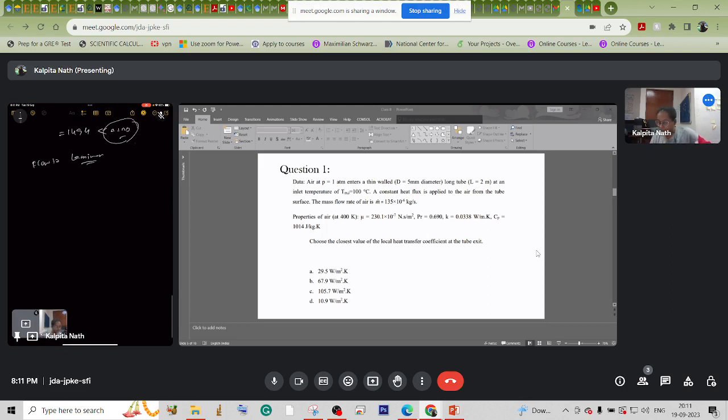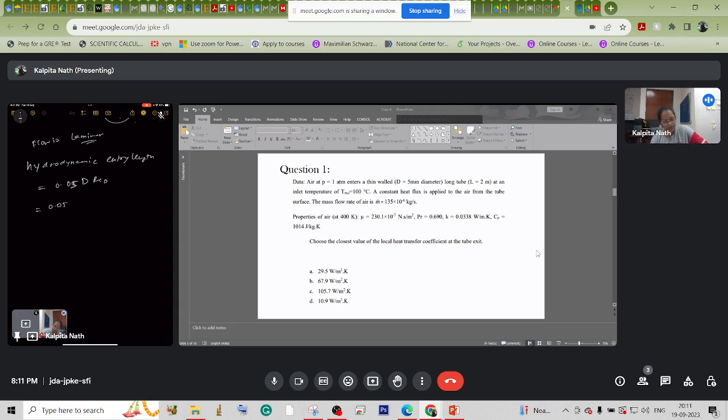Now, for checking whether the flow is developed or not, we have to find the hydrodynamic and thermal entry length. So hydrodynamic entry length is equal to 0.05 into diameter into Reynolds number.